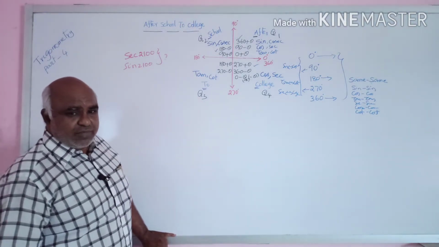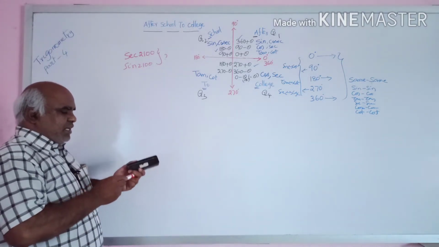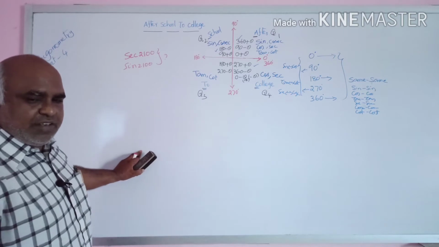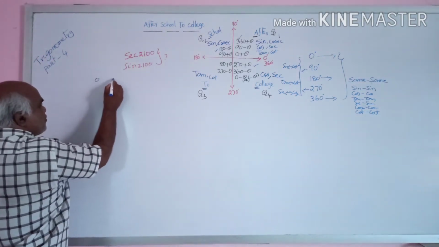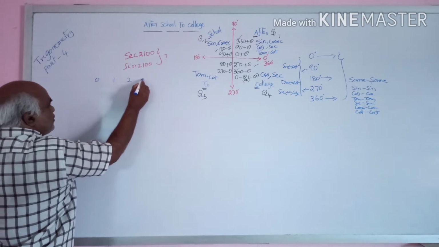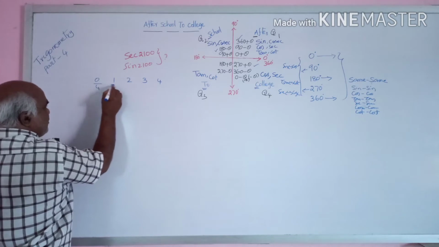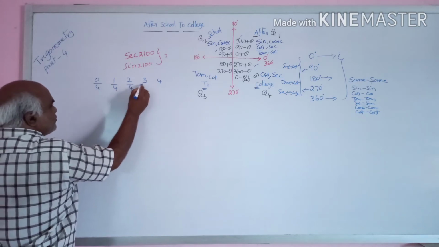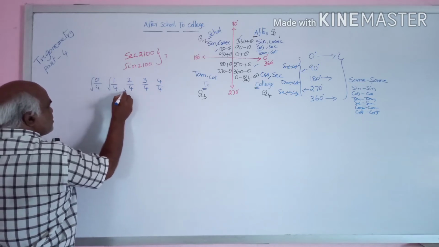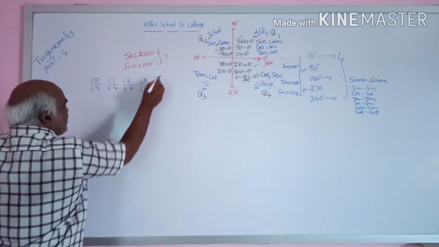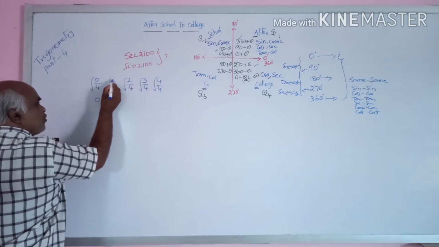For this, you can write the simple table for remembering the ratios of the sine values and cos values. First, you can write 0, 1, 2, 3, 4. Divide all values by 4. Next, take square root for all. You can simplify it. What is the 0 by something? 0. Root 1 is 1.